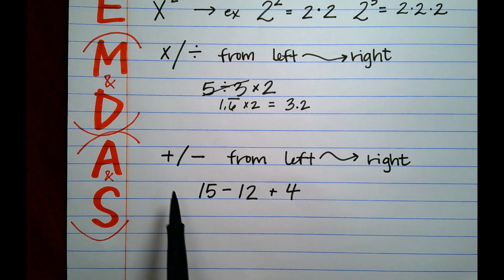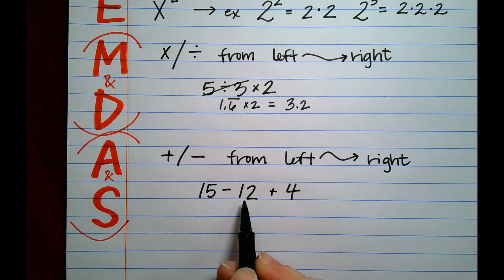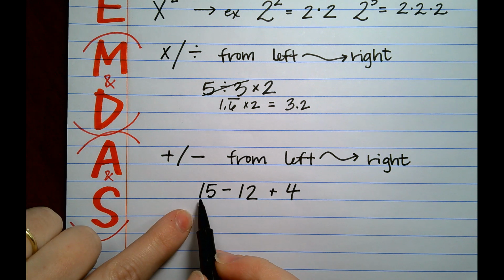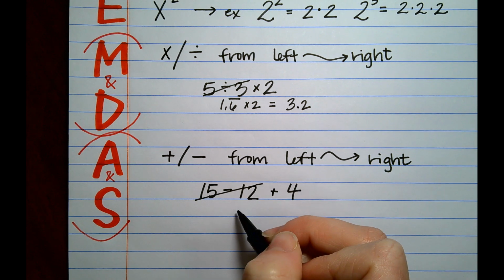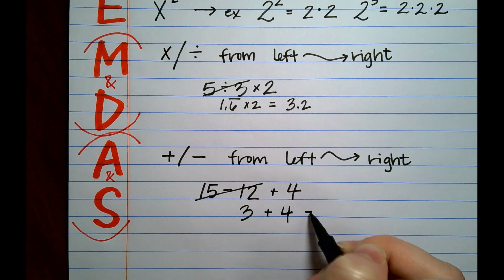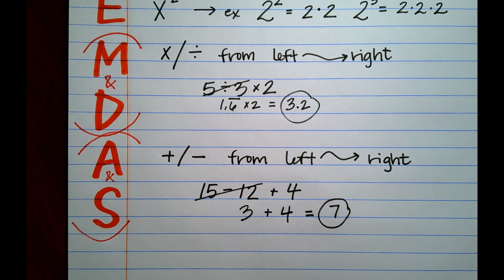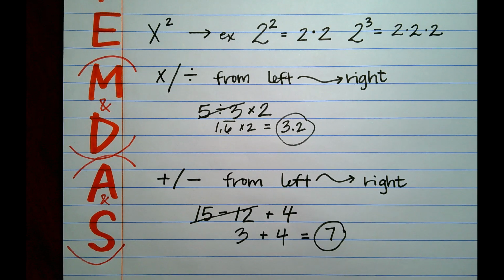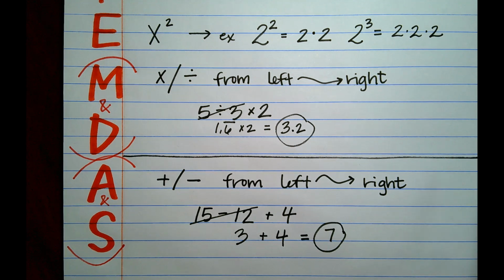We go from left to right. These are grouped together. So what would I do first? Yes, I would subtract 12 first. So 15 minus 12 gives me, I believe it's 3. And then we add 4. And we get 7. So there's a little refresher on the order of operations.